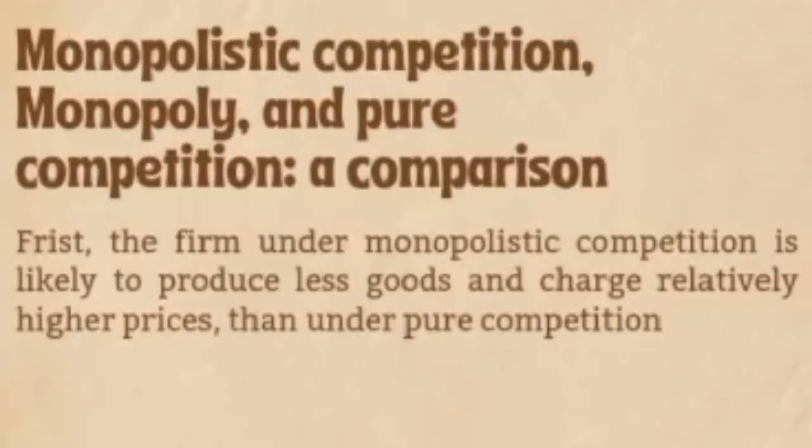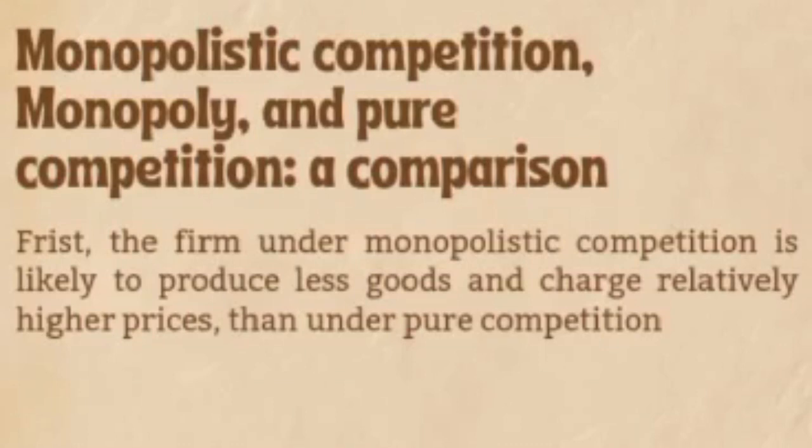The next is monopolistic competition compared with monopoly and pure competition. First, the firm under monopolistic competition is likely to produce fewer goods and charge a relatively higher price than under pure competition.